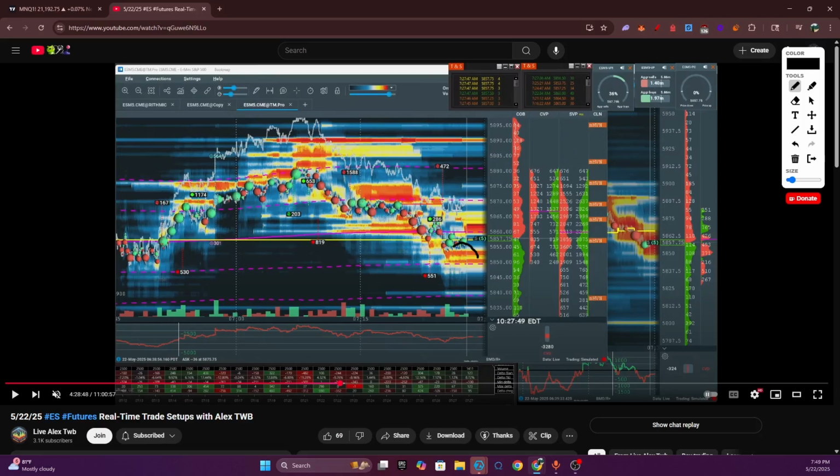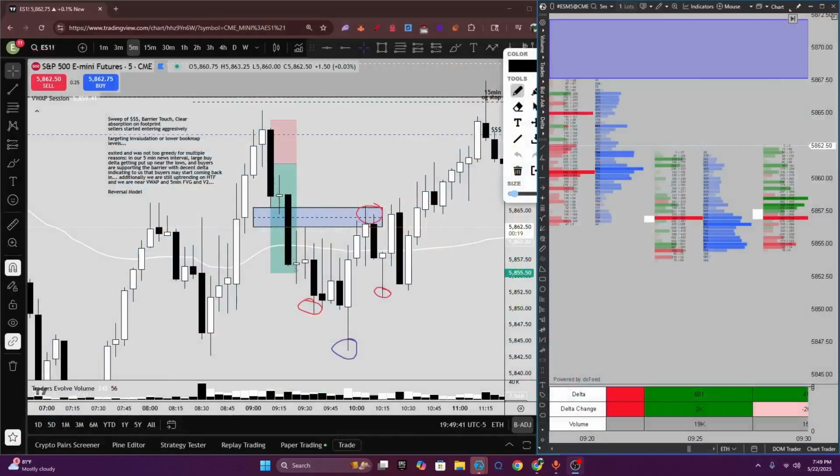Or if we saw distributed selling entering into that area and the price not getting supported nicely, then we could estimate it to break.